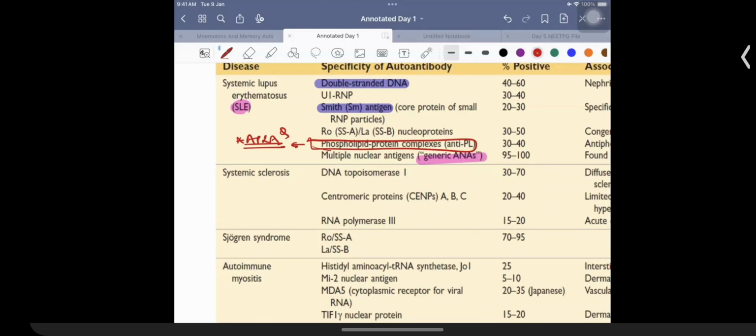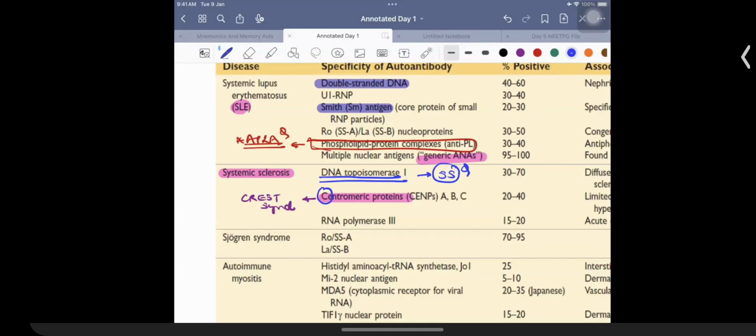In case of systemic sclerosis, if I'm talking about CREST syndrome, this is CREST syndrome. Or the patients could have anti-topoisomerase antibody, which can be seen in patients having systemic sclerosis. Total organ involvement, systemic sclerosis, diffuse scleroderma.